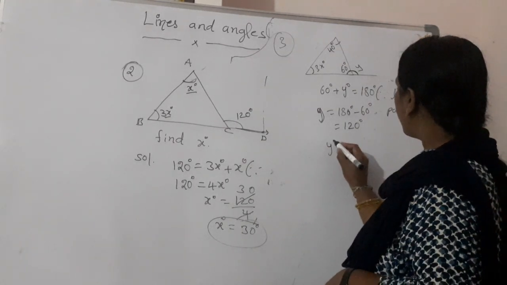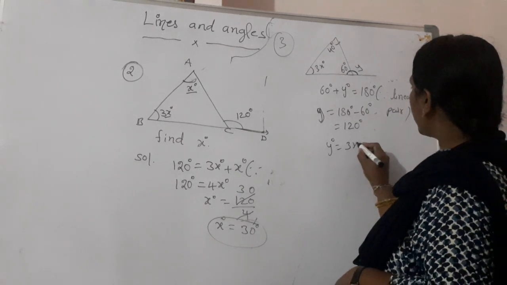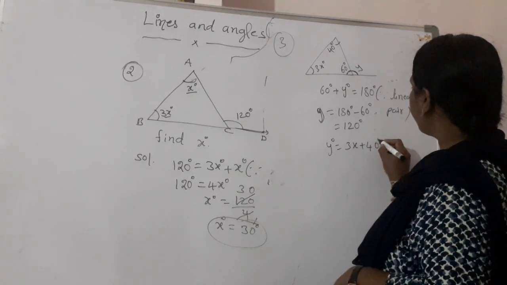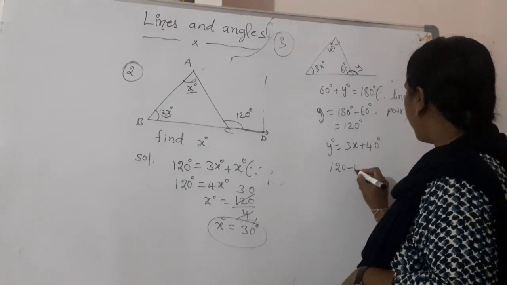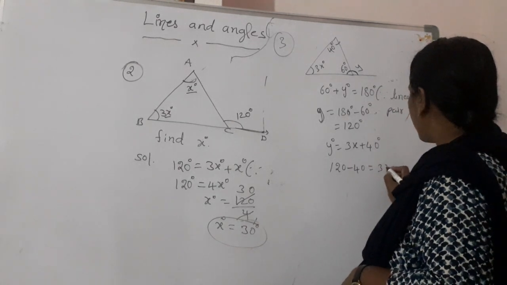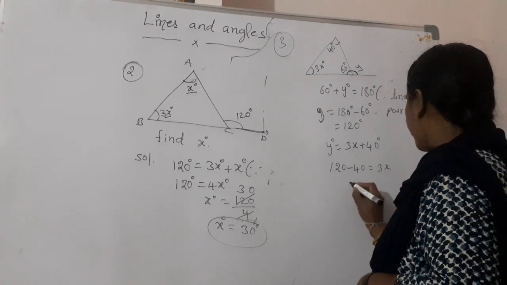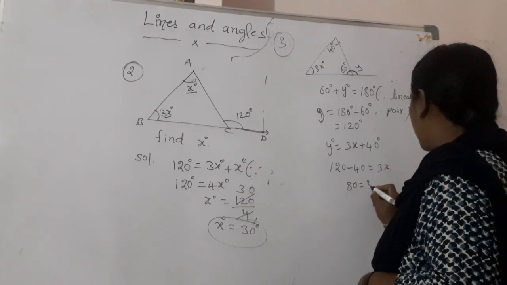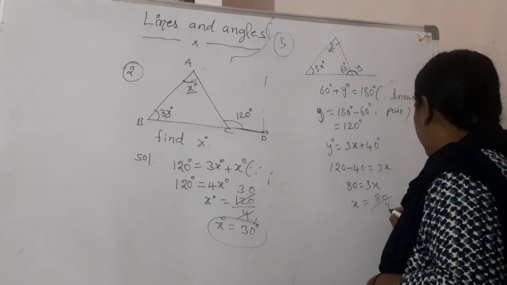So the exterior angle is equal to the sum of these two. So 3x plus 40 equals y, which you already got as 120. So 120 minus 40, 80, equals 3x. So x equals 80 by 3.